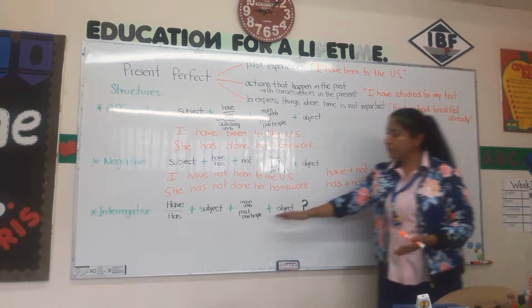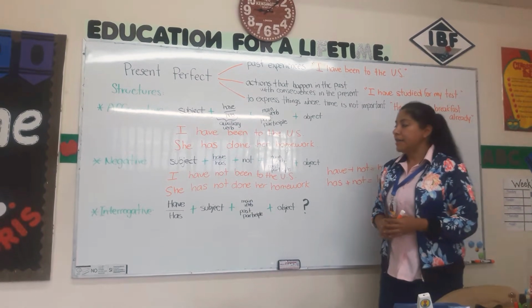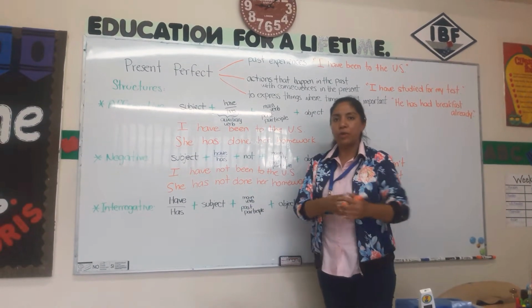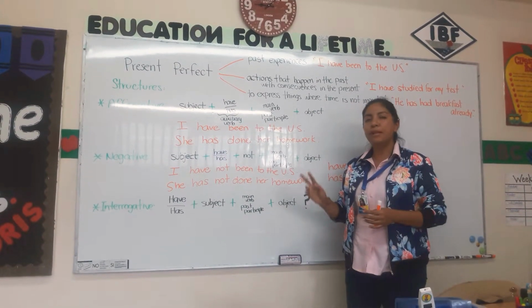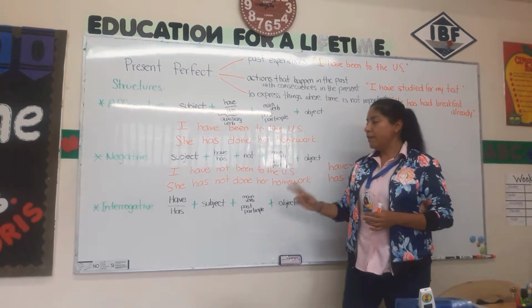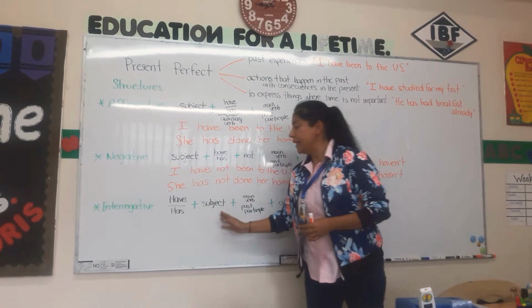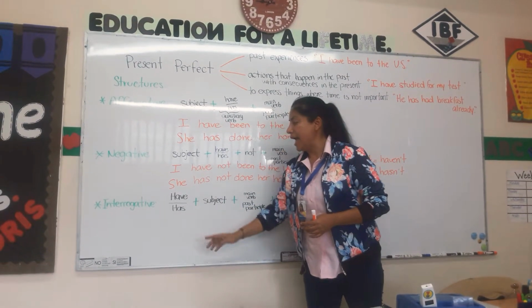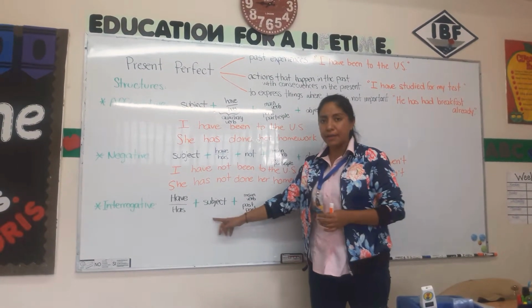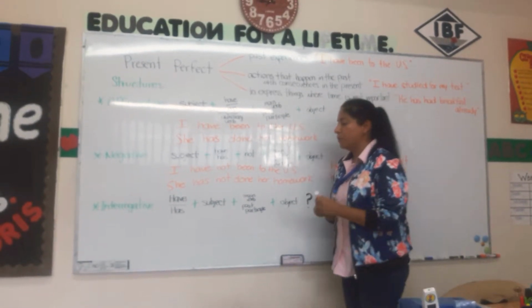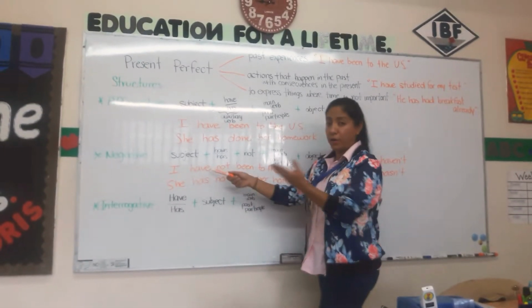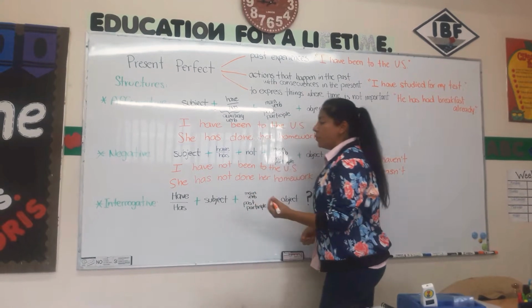Now, let's go to the interrogative form. The interrogative form is simple. We're going to use a simple inversion of the first two words, where the auxiliary takes the first place and the subject takes the second place. How? Well, taking our two examples, what do we have first?